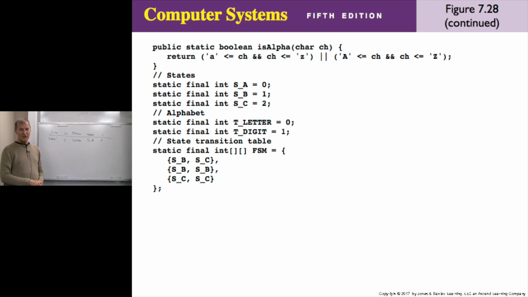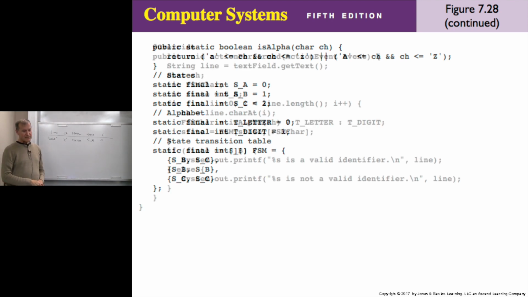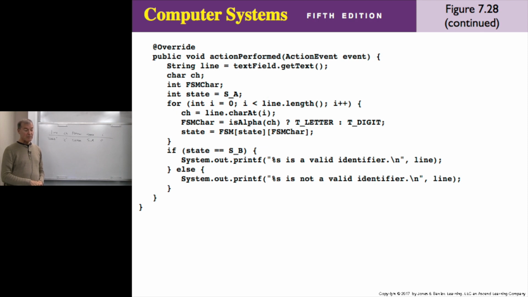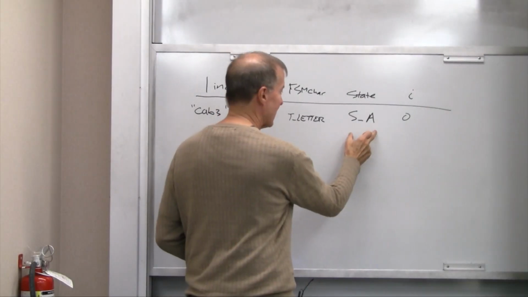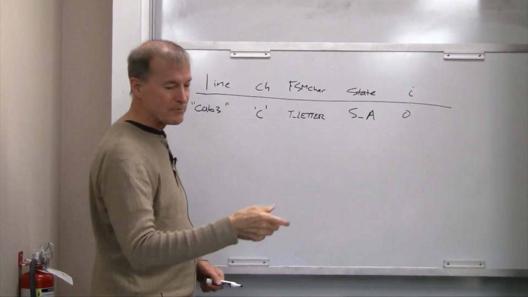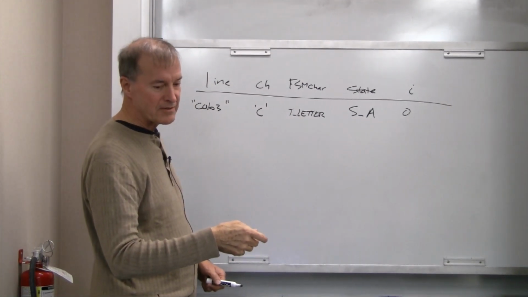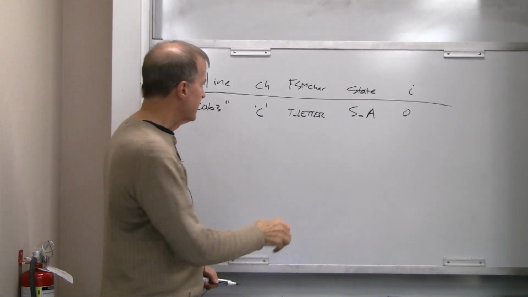Are you with me? So look, here it does state gets FSM sub what, sub what? FSM sub what? Sub-state. So what is that? SA, and what's the second dimension? T letter.